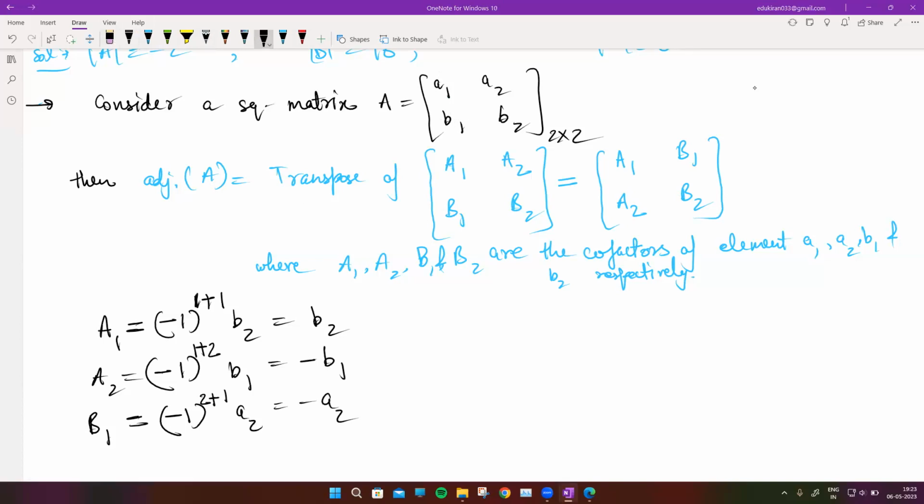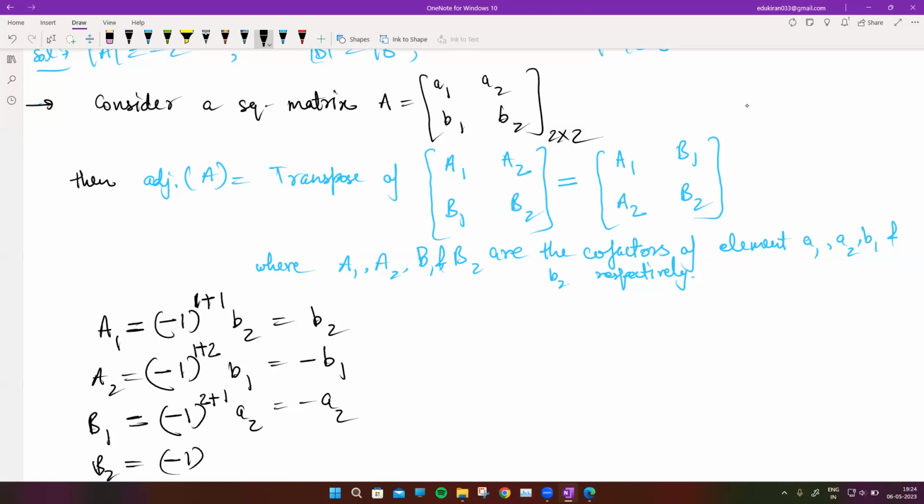Humamuddin, can you tell me how to find B2? Tell me the complete expression. -1 to the power of 3 plus 2. Do we have 3 rows or 3 columns here? No, sir. The maximum number of rows or columns can be 2 only.